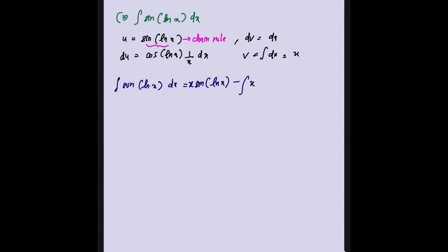Your v is x, so your du is cos ln x times 1 over x dx. So this one you can cancel out. What is left is x sin of ln x minus integrate cos ln x dx.